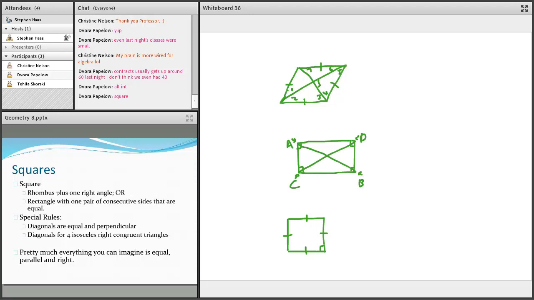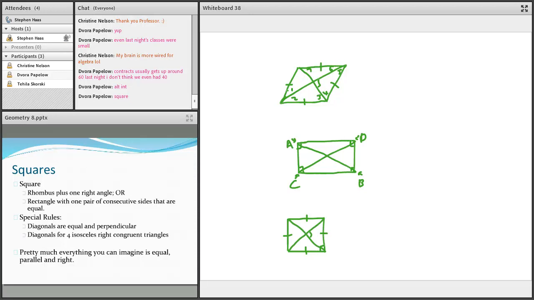So this of course has all the rules of a rhombus, all the rules of a parallelogram, all the rules of a rectangle, plus the diagonals are equal and perpendicular. Now, if you think about it, that's really pretty self-evident, because they're perpendicular because it's a rhombus, and they're equal because it's a rectangle.